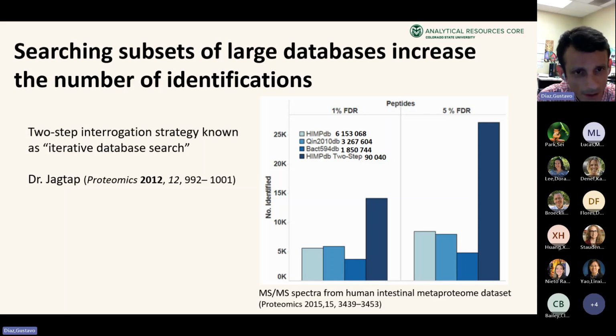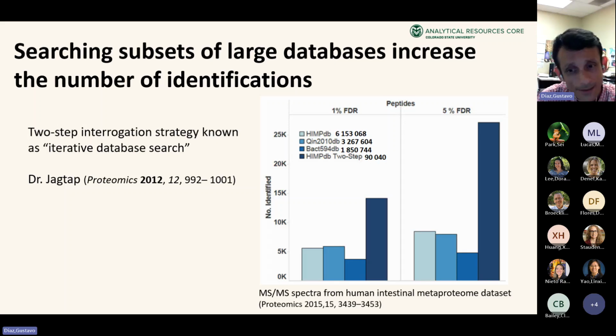In this publication from Proteomics 2015, the figure on the right side shows several comparisons of peptide identifications that are impacted by the size of the database that we use. The first one is the human intestinal metaproteome database. It contains bacterial, metagenomes, and human information, and it has over 6 million entries.